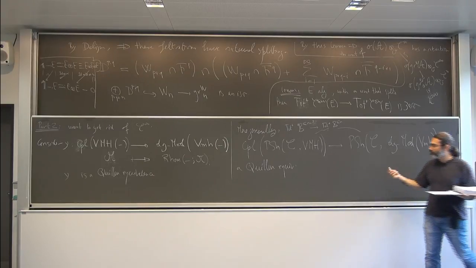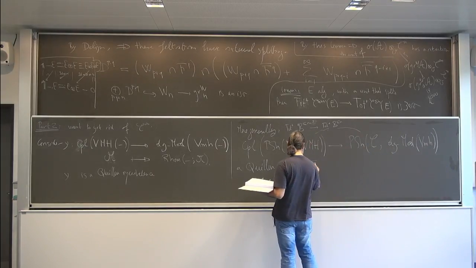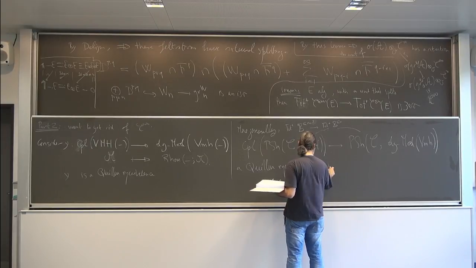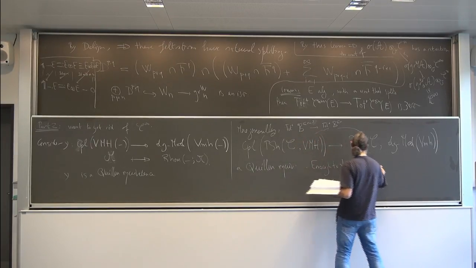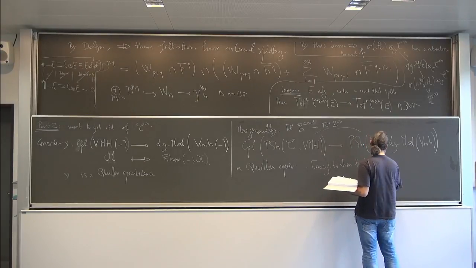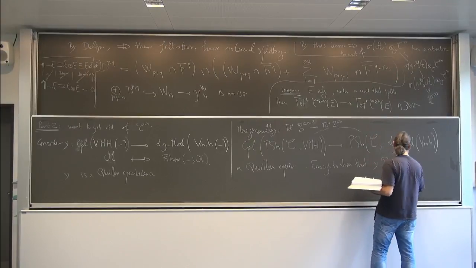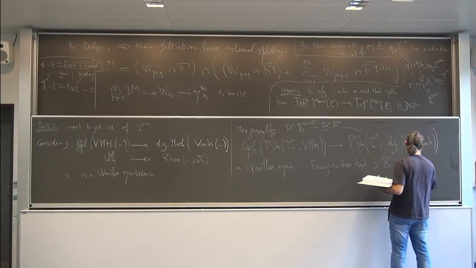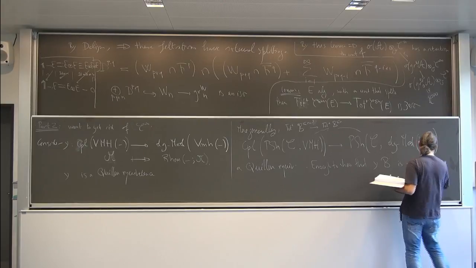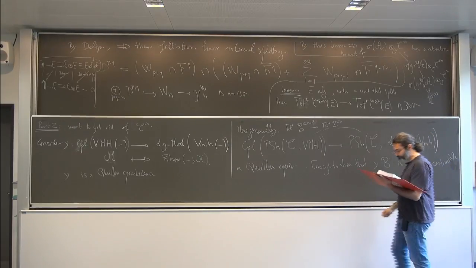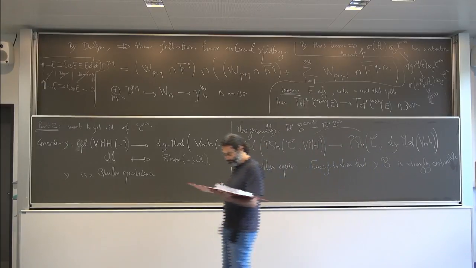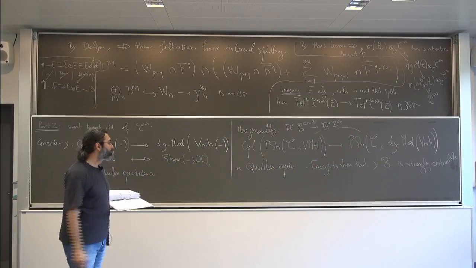So it's enough to show that Yoneda applied to B dot is strongly contractible.